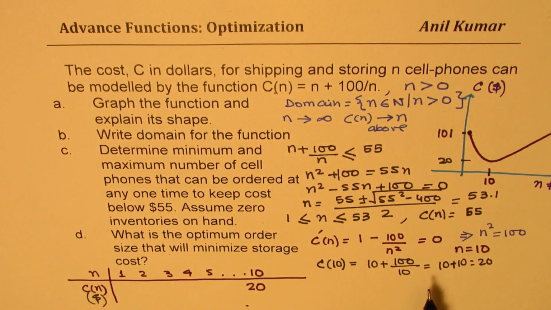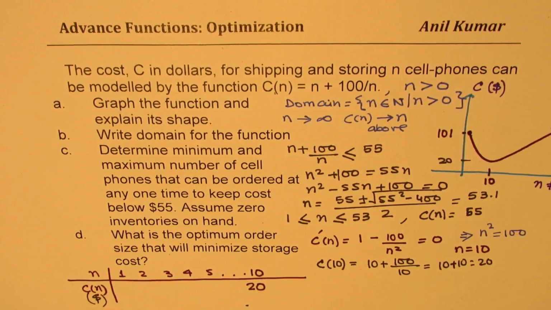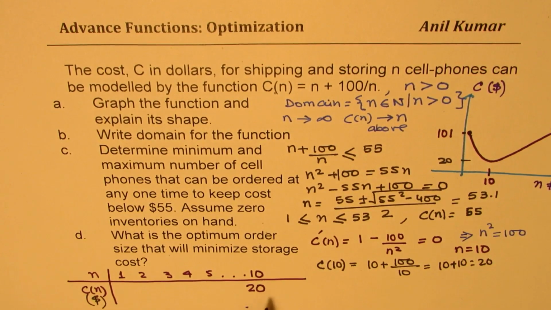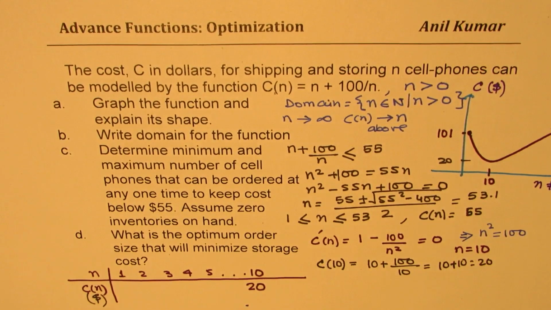So that is how you could actually do it. Those of you who haven't done calculus so far can calculate the values, and once you calculate the values, you will find that the minimum cost is $20 when an order of 10 is placed. Perfect. So I hope that gives you a fairly good idea about how to solve such questions.